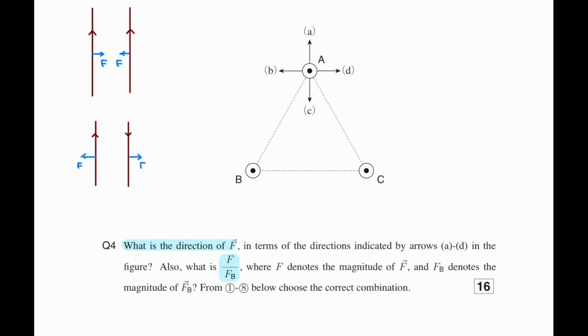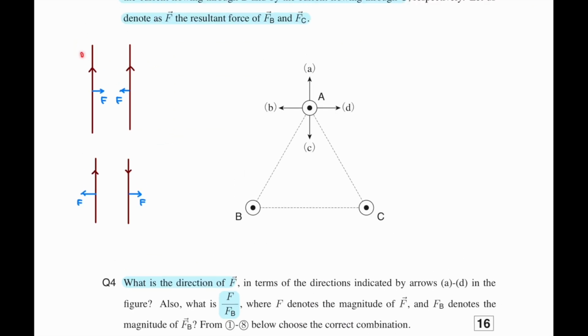I do not explain the concept behind this. I think you should try by yourself to find out why the magnetic force in the first case is attractive, and in the second case they repel each other. But to answer this question we need this concept.